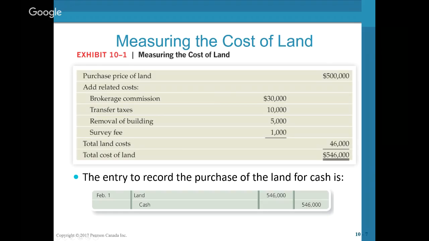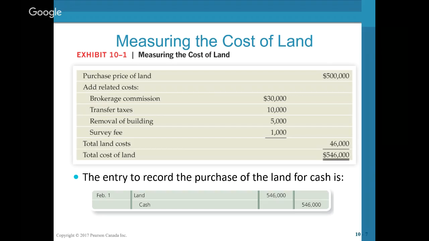Okay, let's look at measuring the cost of land. Here we've got the price of land of $500,000. We've got all of those additional costs and then total cost of land. Now, just be aware, a really common question would be something like, if I paid an architect $5,000 to, I don't know, determine the slope that the land would need to be to build a building.